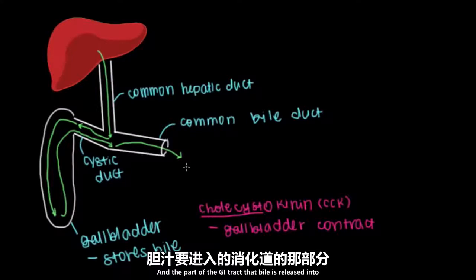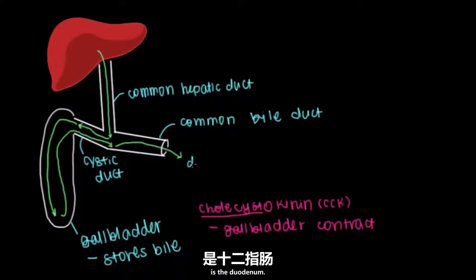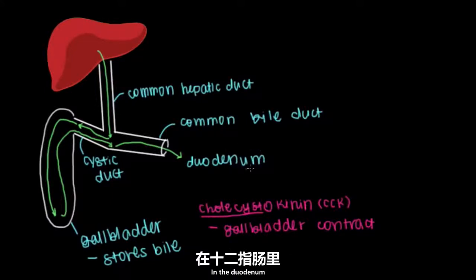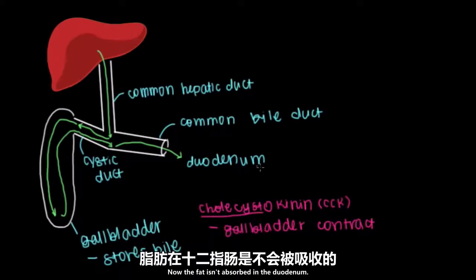And the part of the GI tract that bile is released into is the duodenum, or the first part of the small intestine. In the duodenum, the bile is finally going to get to see some fat and start doing its job by emulsifying, or making the fat easier to absorb. Now, the fat isn't absorbed in the duodenum.